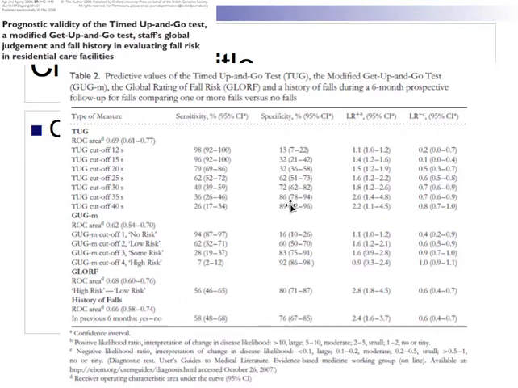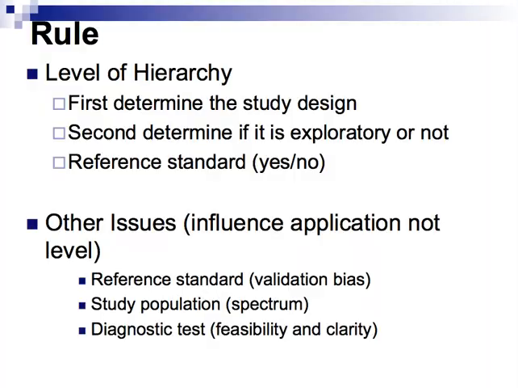What we notice, if you look at these sensitivity and specificity values, is that there's no real single cutoff that achieves accuracy in both sensitivity and specificity. Certain cutoffs are good at ruling the condition in, and other cutoffs are good at ruling it out. And so that's an example of an exploratory prospective cohort study.